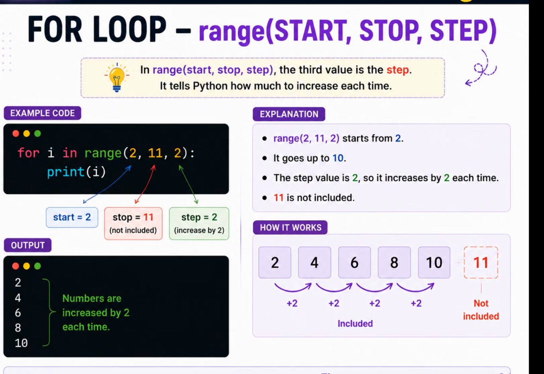It means it starts from 2, stops before 11 and increases by 2 every time. So what will be the output? The output becomes 2, 4, 6, then 8 and then 10. And it stops there. The number 11 is not included because the stop value is always excluded.